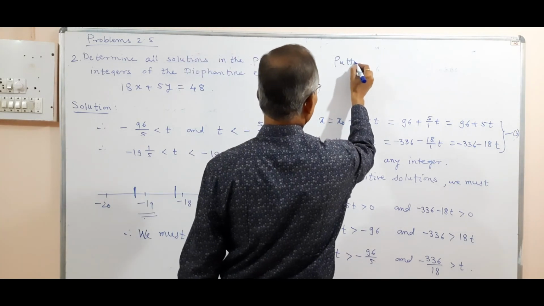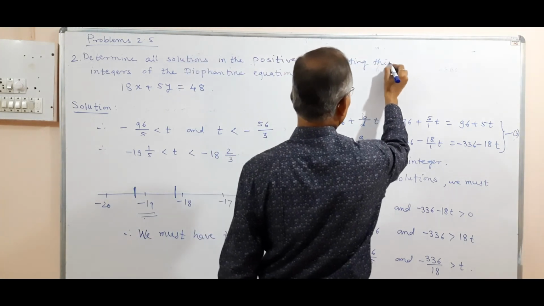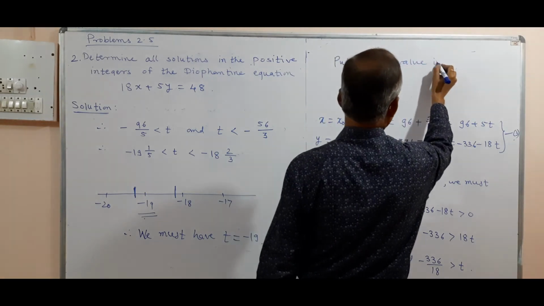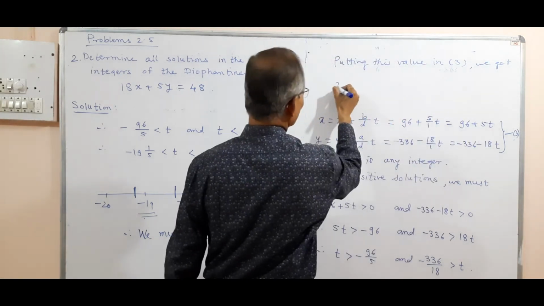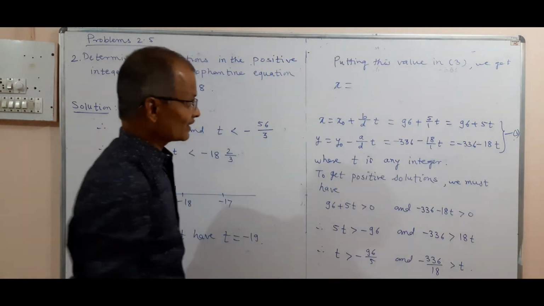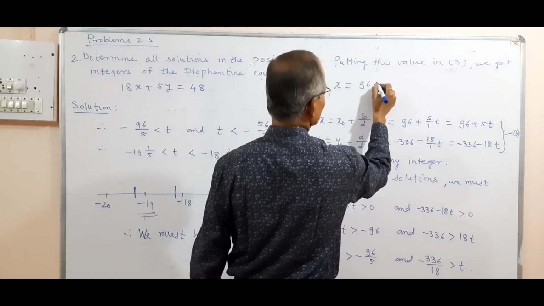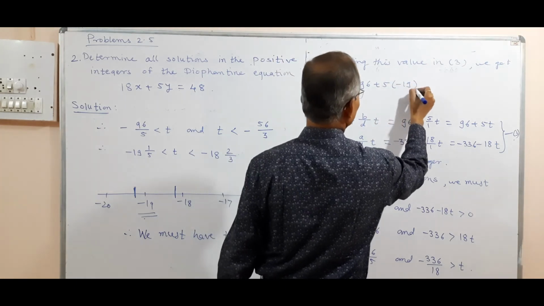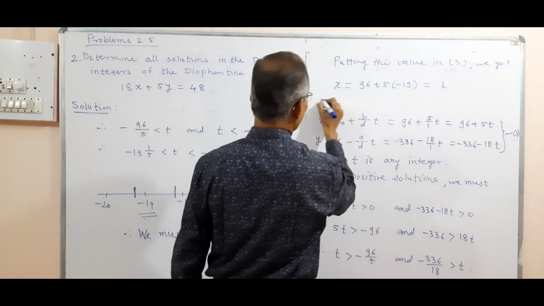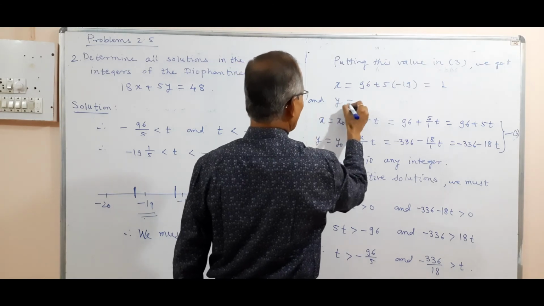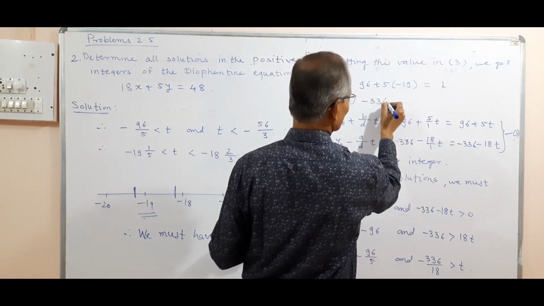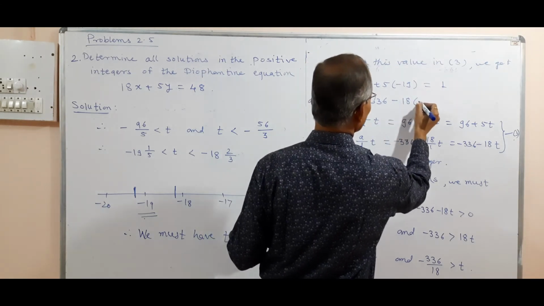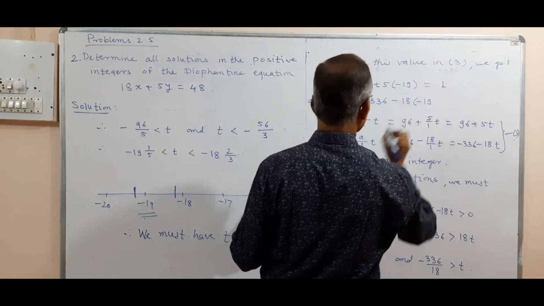Putting this value in 3, we get the positive solution. There is only one positive solution. Putting this value in 3, we get x equal to 96 plus 5 times minus 19, that is 1, and y is minus 336 minus 18 into minus 19.